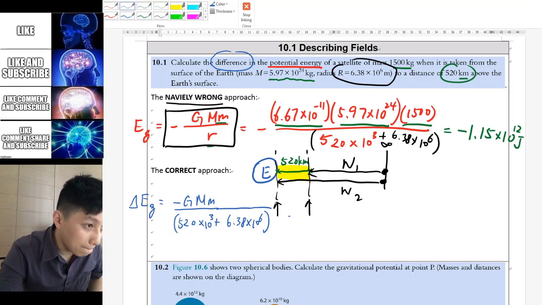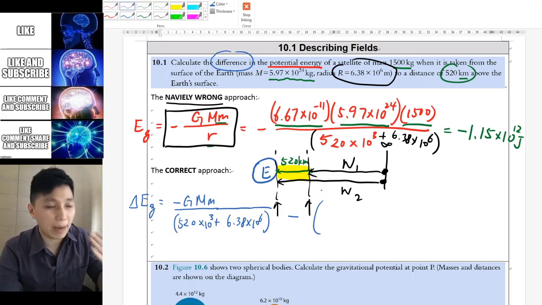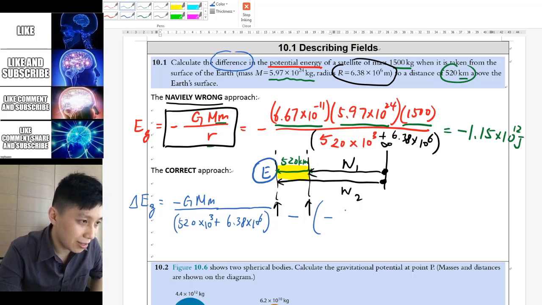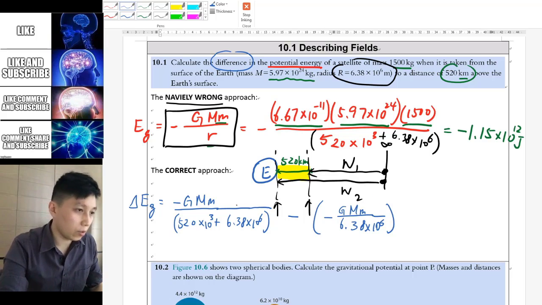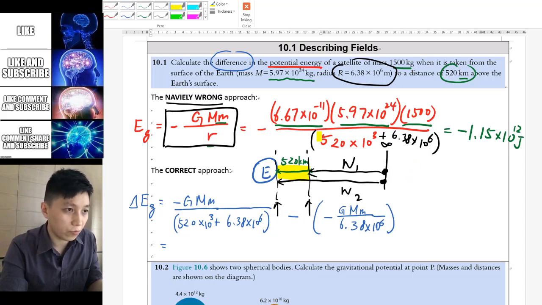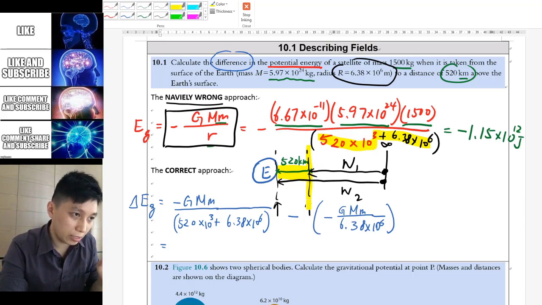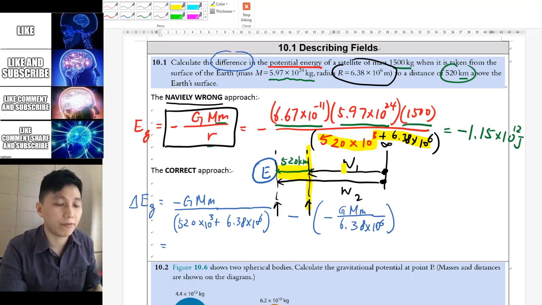Then minus, like what I said, you have to calculate each of them separately and subtract them. Minus the negative GMm over R at this point, which is simply 6.38 times 10 to the power of 6. When you write this, you know why this is different from the one that we had before. That was just the gravitational potential energy at this position only, not the difference itself.